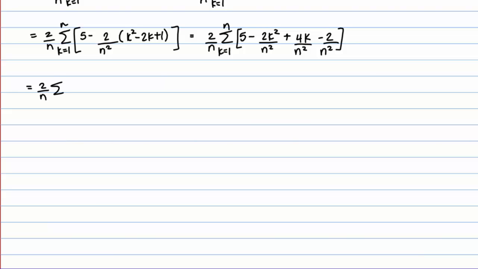The 2 over n is going to be in front of everything, and then I'm going to have the sum of 5 minus, remember that n is a constant because I'm summing over k, so this is 2 over n squared times the sum of k squared, plus 4 over n squared times the sum of k, minus the sum of 2 over n squared, that's a constant.